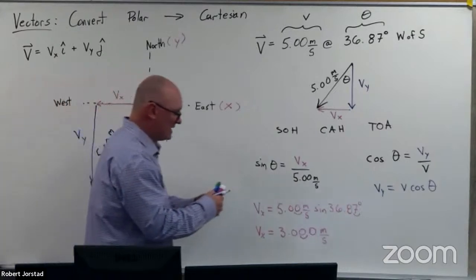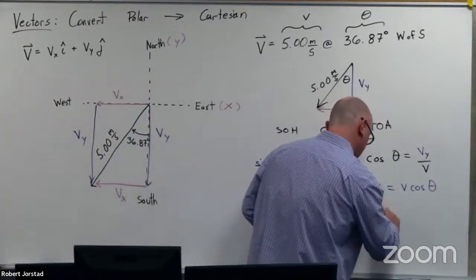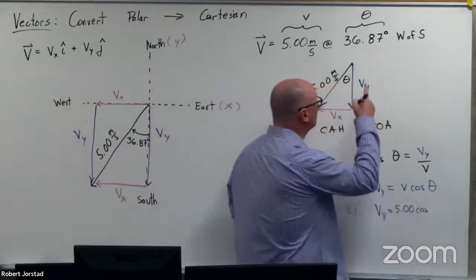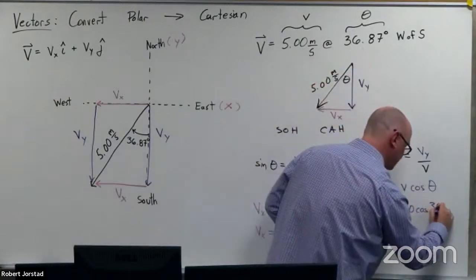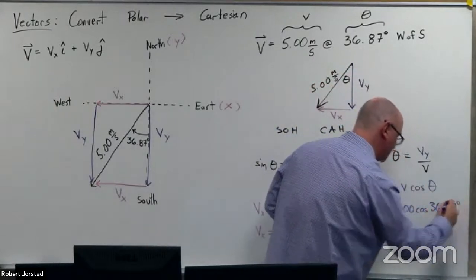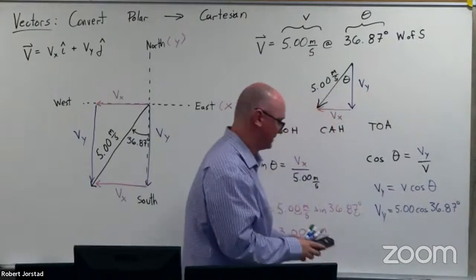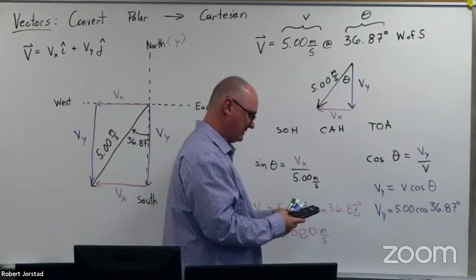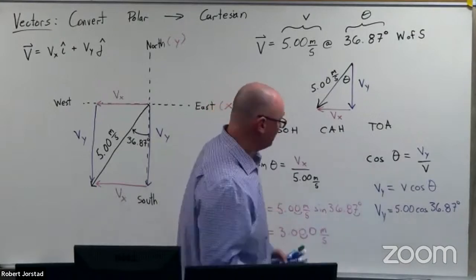When I punch in these numbers, let's see what I get. 5 cosine 36.87. And now you can see what I get.